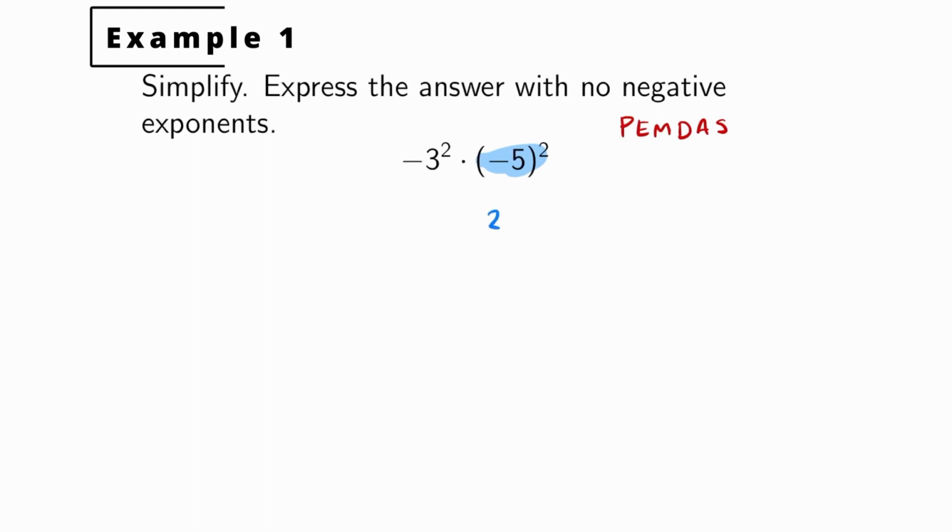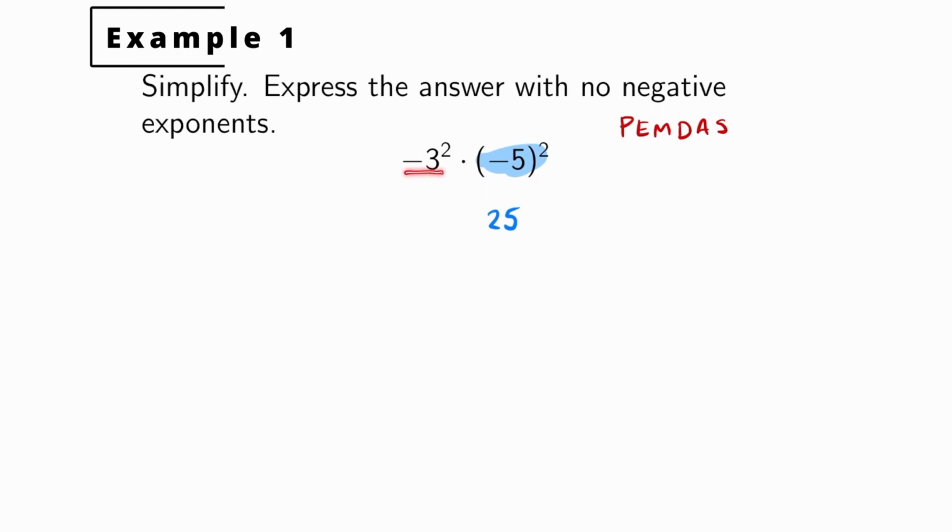Now, because multiplication happens after exponents, when you see -3 squared and it's not in parentheses, that means you multiply the negative sign after you square. In here, the -5 is in parentheses, so you're doing parentheses and then exponents.